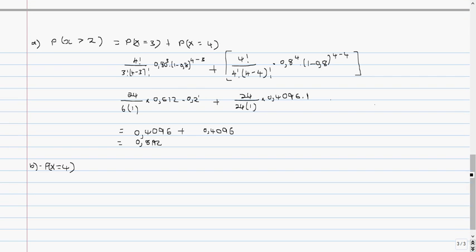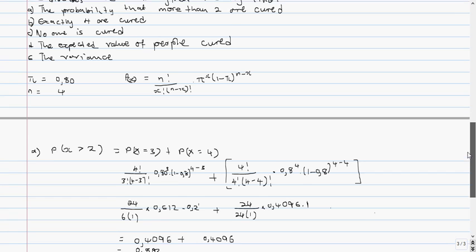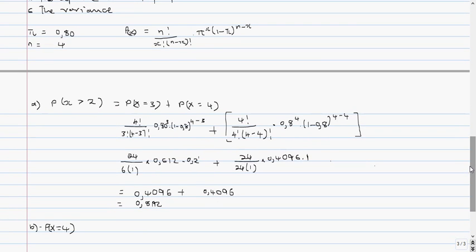We could take it into our equation so that we don't confuse the two. So we are saying P(X) equal to 4, but our distribution is n factorial over x factorial (n minus x) factorial, pi to the power x, (1 minus pi) to the power n minus x.